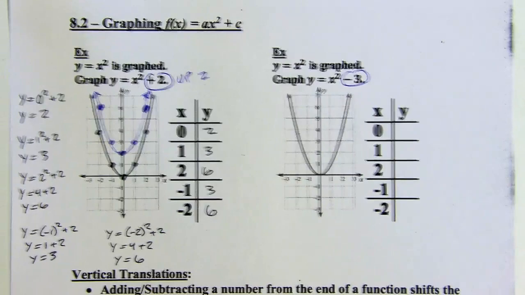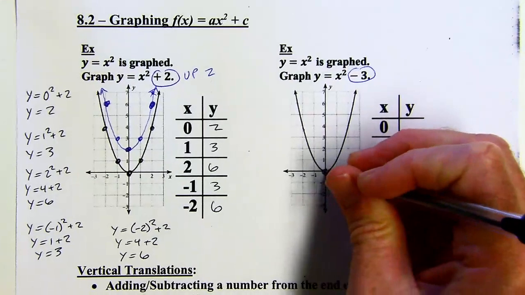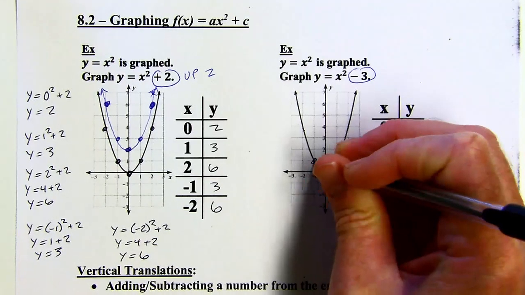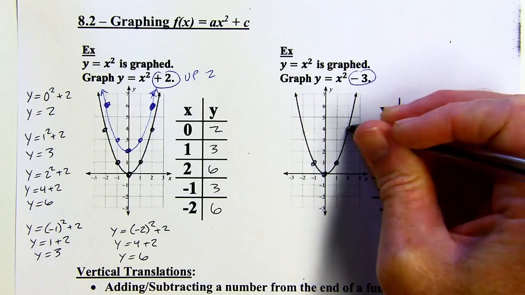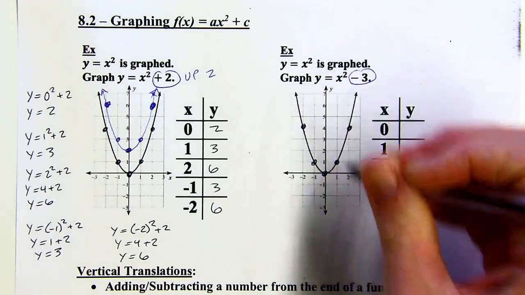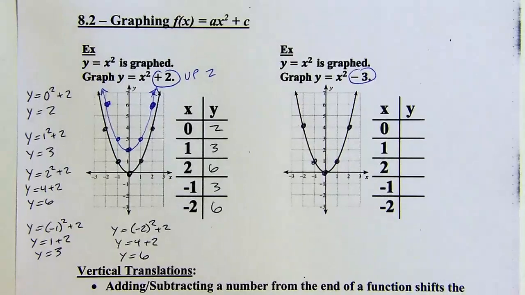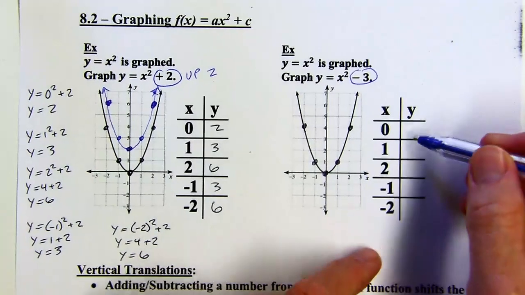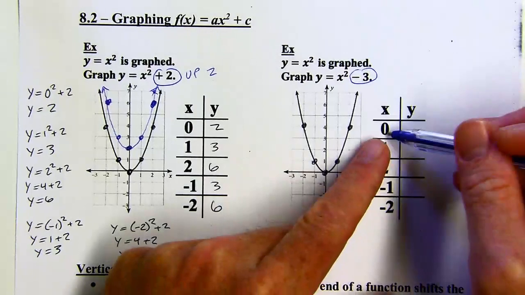Okay. All right. So maybe you can guess what's going to happen then when we have a -3. But let's just try it out with the table. So I'm going to plot these critical points here first. So up 1 to the right 1, and then up 4 to the left and right 2. And that's because 2 squared is 4 and -2 squared is 4, right? Okay, so let's try out the table. I'm going to do these in my head this time instead of writing them all out, but you could. Okay, so I'm going to take 0 and square it.